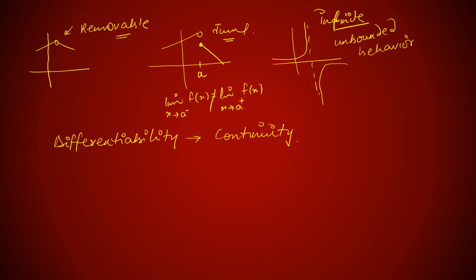If a function is differentiable, then 100% you can say that it is continuous. So if a function has any of the mentioned discontinuities, it is not continuous and hence not differentiable.